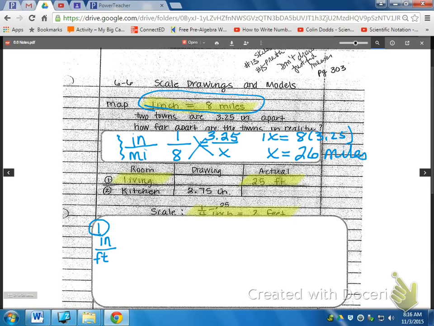Is there anybody that wants to help me fill in the spots to this proportion? The first ratio would be the scale, and then the second one would be from the problem. So Trayton, what are we going to put on the top of what? Not 1. We're going to use this one right here.